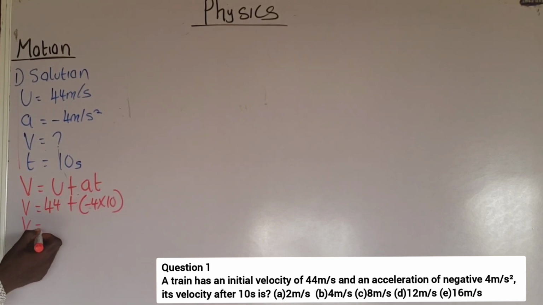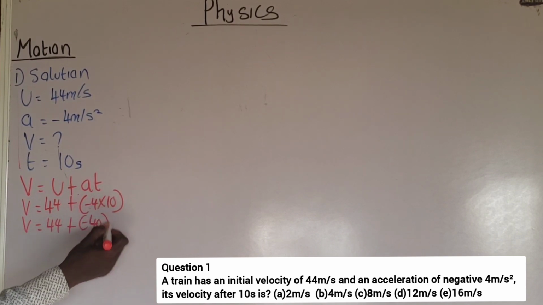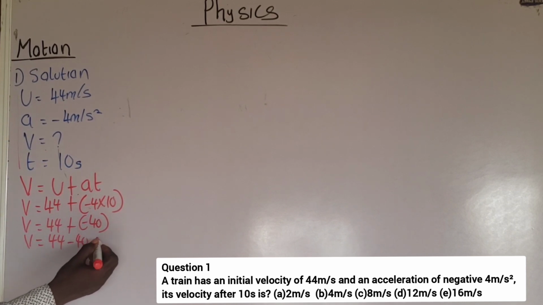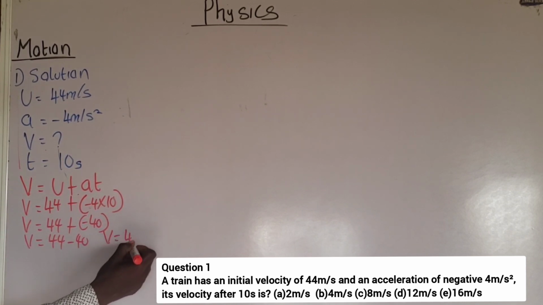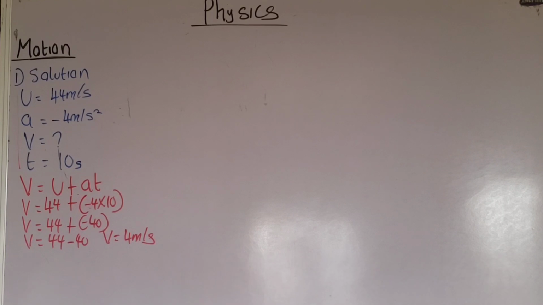So v equals 44 plus -4 times 10, that is -40. So v equals 44 minus 40. Here v equals 4 meters per second. This is the velocity of the train after 10 seconds. Okay, so let's have another question.